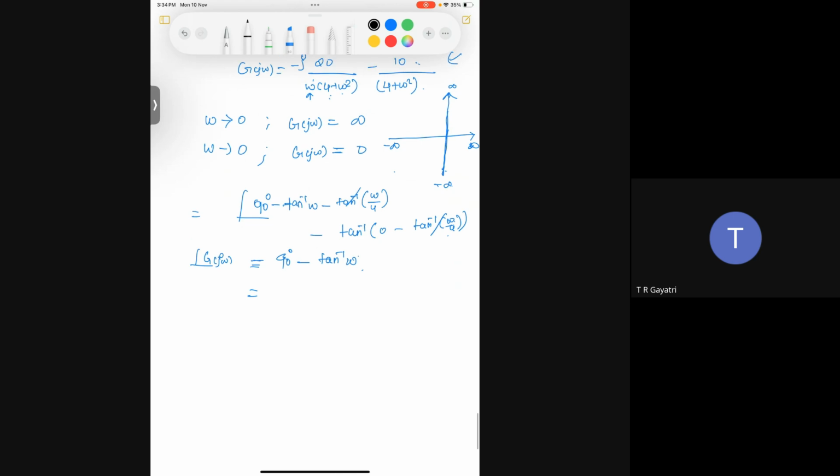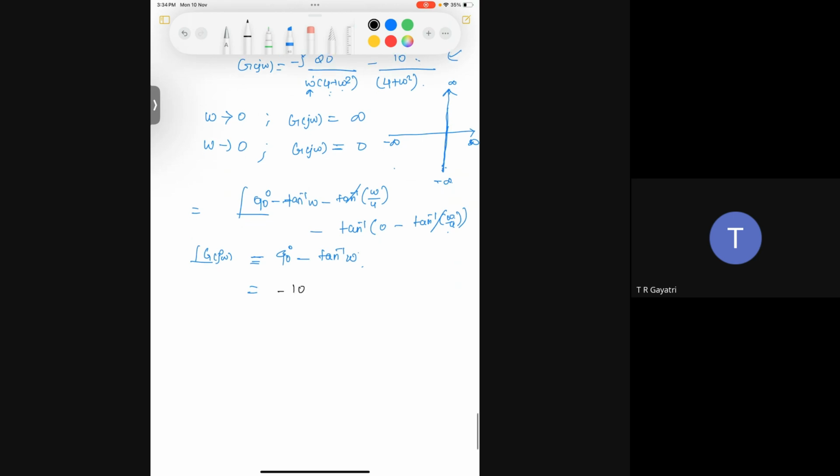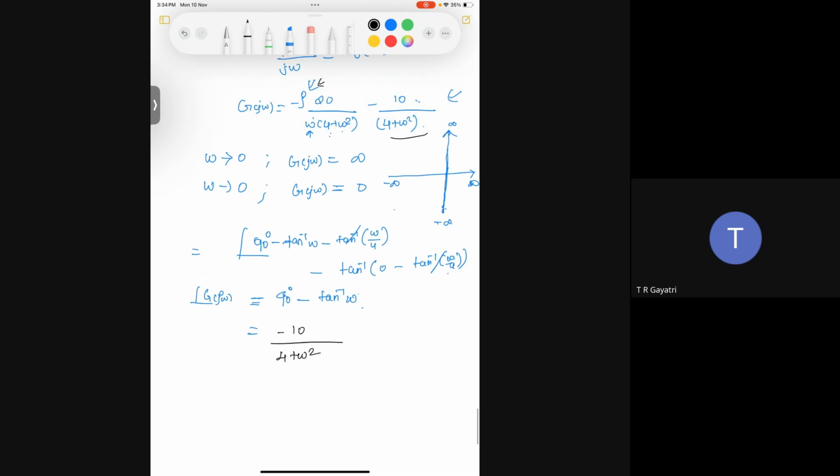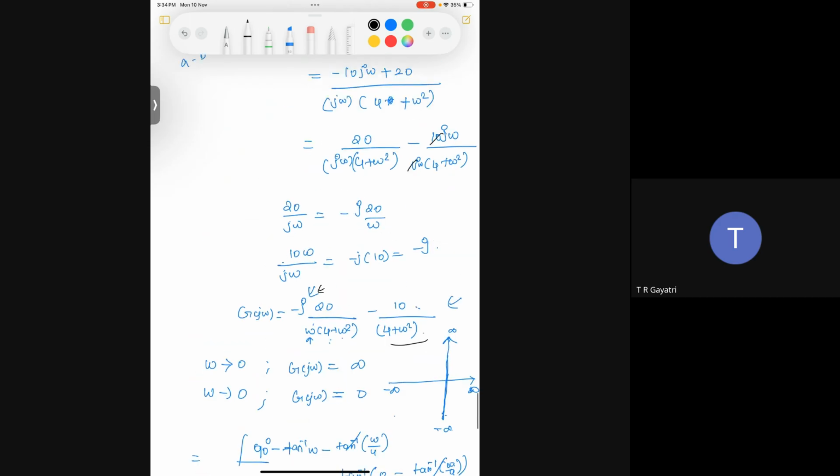See, I will write it separately. So this will be minus 10 over 4 plus omega square. This is a constant term here. The j and j will get cancelled here. Omega will get cancelled. Yes, ma'am.